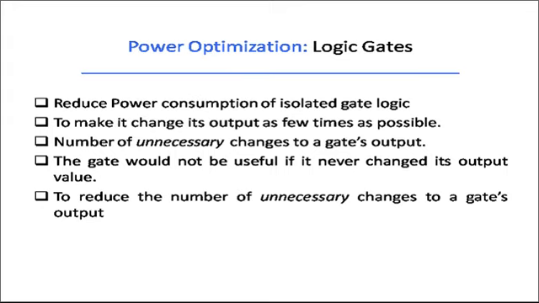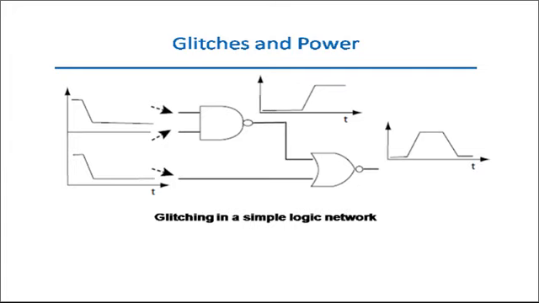There is an example of how a glitch will transfer through a circuit and cause power dissipation. The circuit in the figure shows one NAND gate and one NOR gate. Here these two inputs are fed with 0, whereas the third input is also fed with 0. In a NAND gate, when these two are 0, its output is 1.